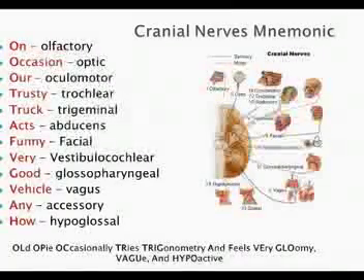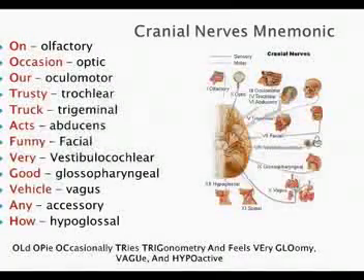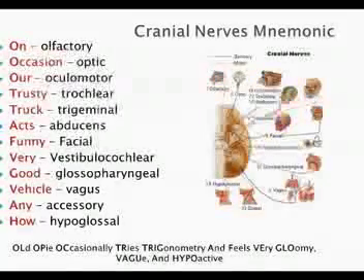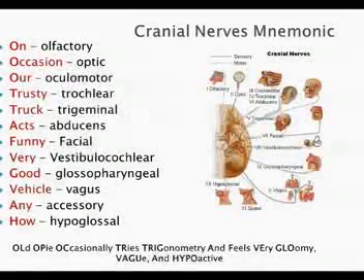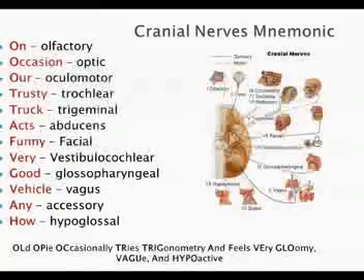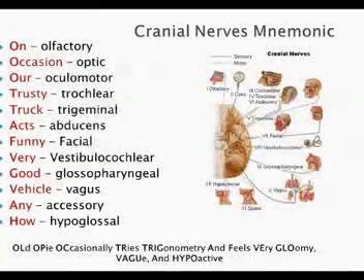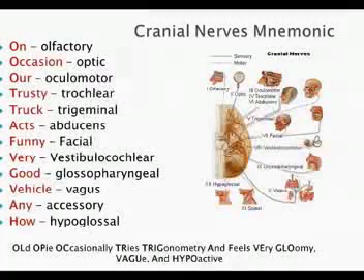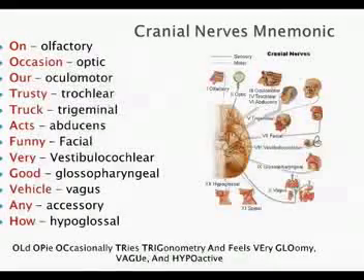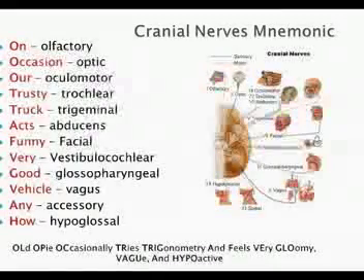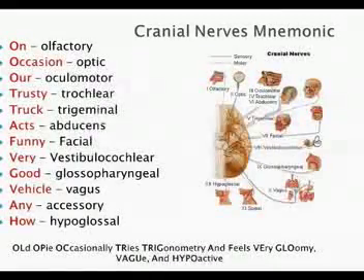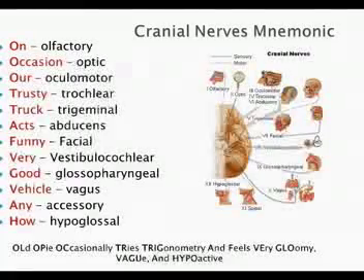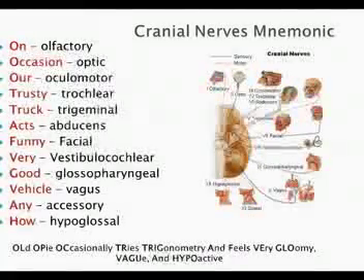So there's a mnemonic out there, and you can actually feel free to Google them because they get pretty dirty. But find one that works for you. Again, you're going to have to spend some time getting familiar to get the 12 down pretty well. We're going to start from the rostral end, or the anterior portion, and then work our way caudal or posterior.